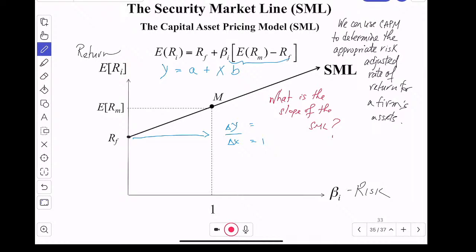The change in y, you'll see, is ERM minus RF. So that's the slope. Got it? So you're kind of close with what you wrote.